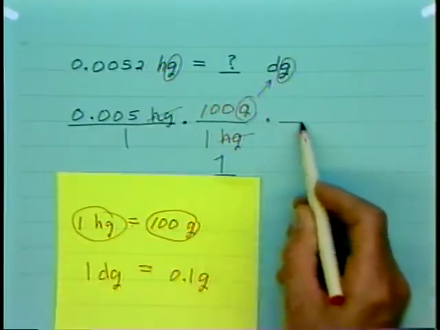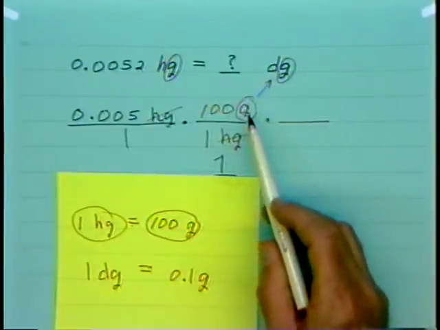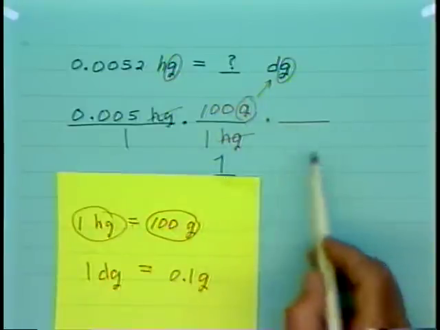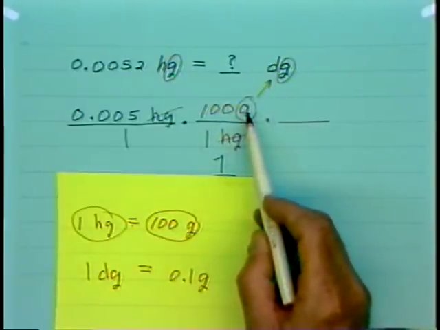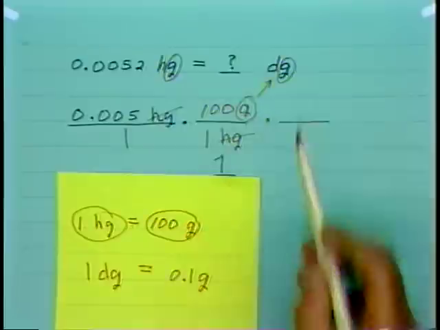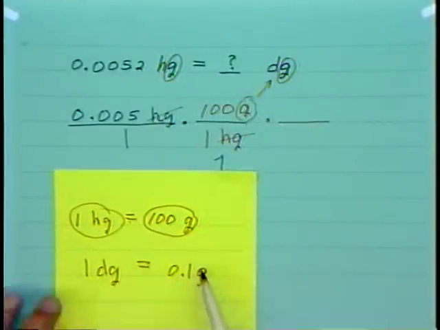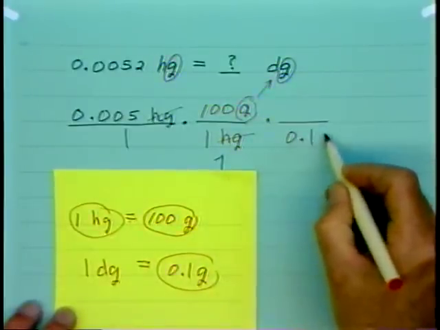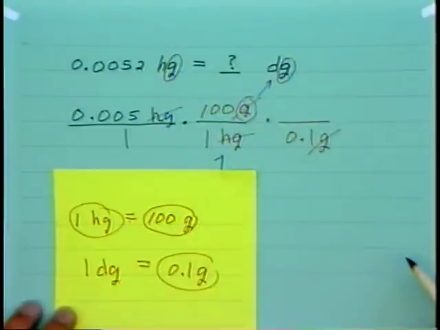I have additional steps. So now I concentrate on getting rid of grams. So I find anything with gram in it, G, to put on the bottom to cancel that G on top. Hopefully I find something that also has what I want. So in this case, here's a gram and here's a dg or decigram. So I put this amount on the bottom. Why? Because it gets rid of this one I want to get rid of.